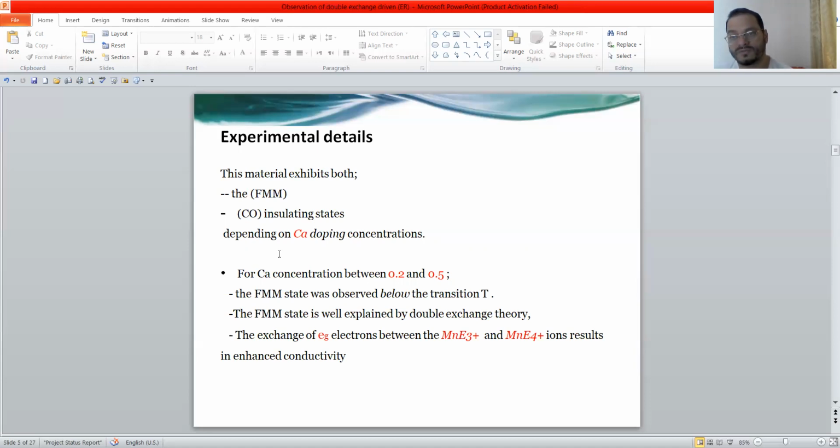I'm talking about the ferromagnetic material. And at the same time, the ferromagnetic material state is well explained by double exchange theory when calcium concentration equals between 0.2 until 0.5.